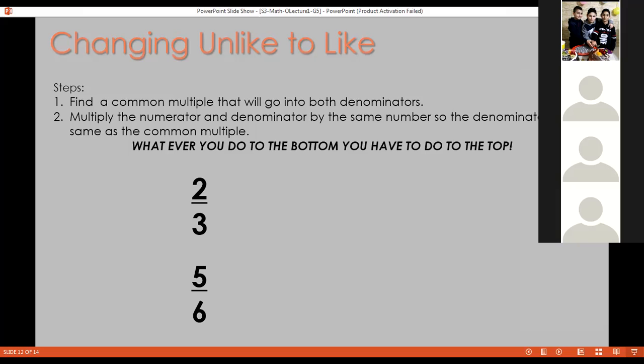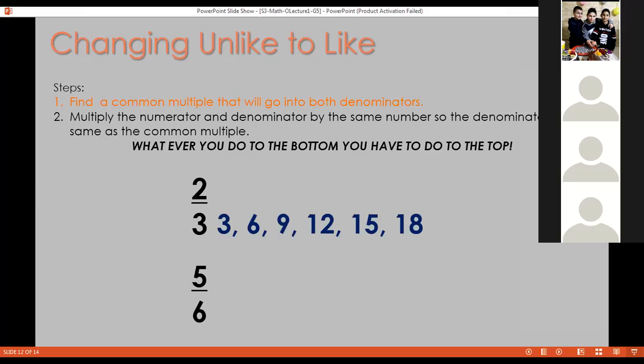Very good. So I think you all had 3, 6, 9, 12, 15, 18, and 6, 12, 18, 24, 30, and 36. Now, can you please circle the common multiples?